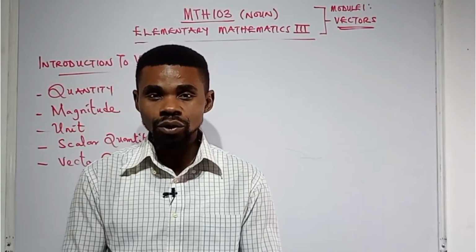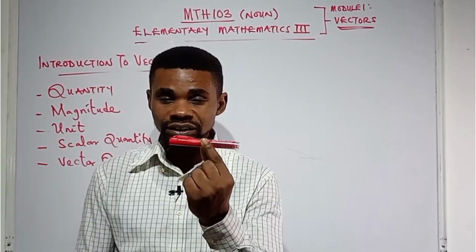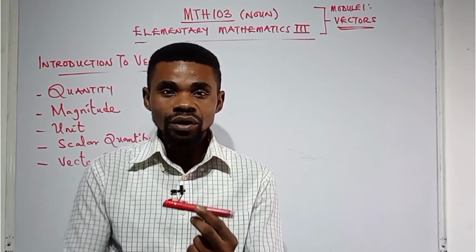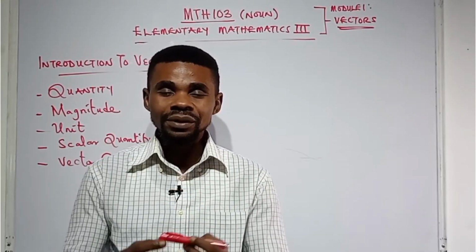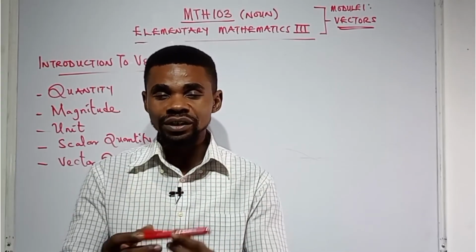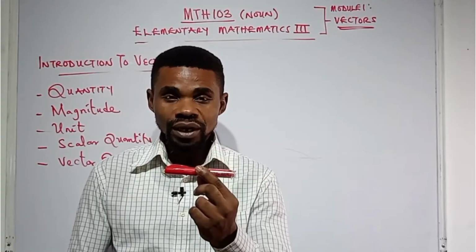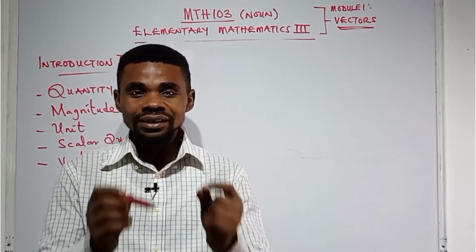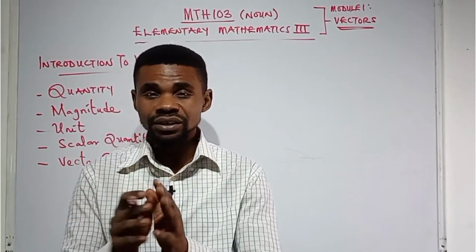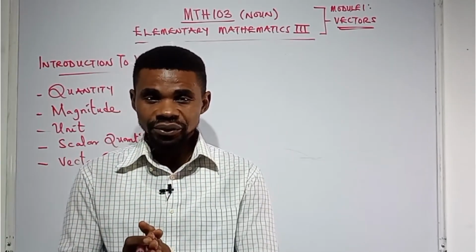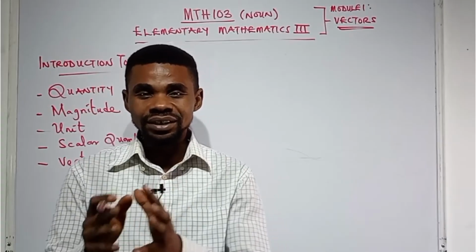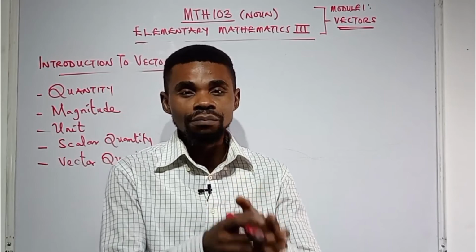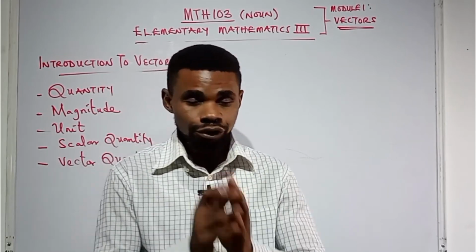So if I measure the mass of this pen, the numerical value that I get, maybe this marker weighs 10 grams, then 10 is the magnitude, and the grams that I put after it is the unit. You get that? The name that is given to the value of the measurement is what we call units.